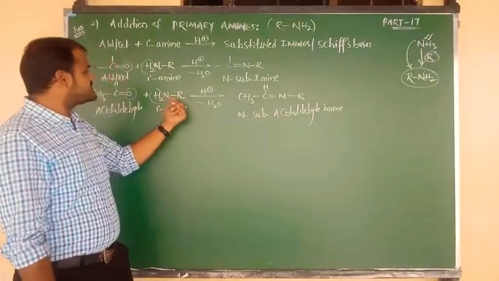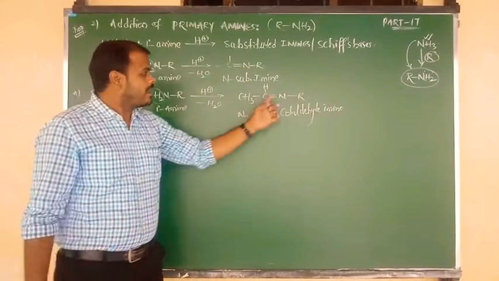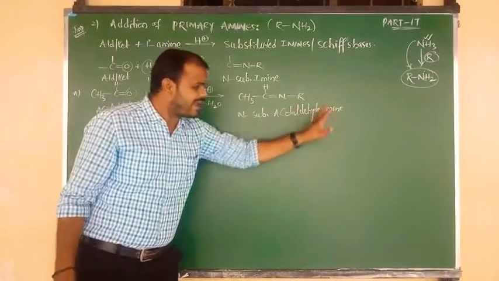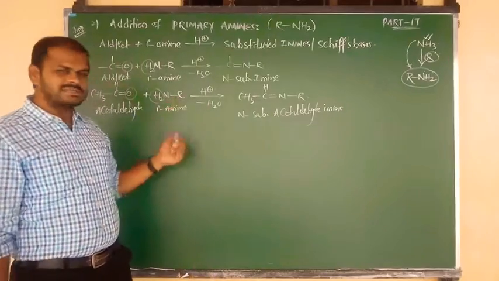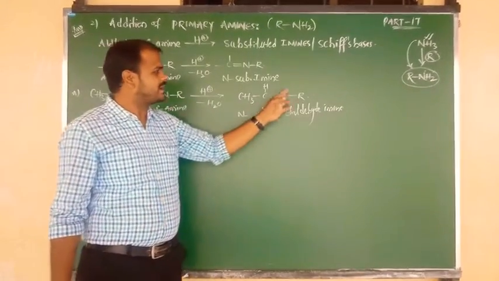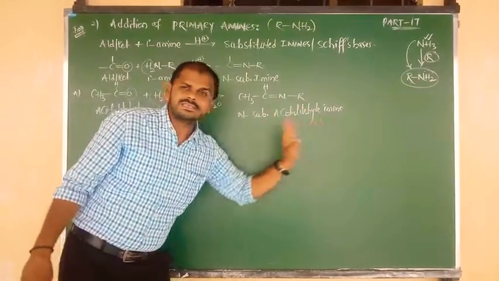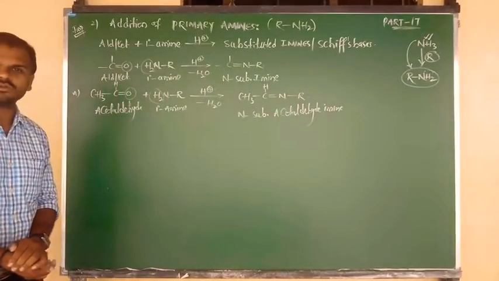Suppose in the place of R we write methyl: N-methyl acetaldehyde imine. Suppose in the place of R ethyl: N-ethyl acetaldehyde imine. Like that we have to write the product.